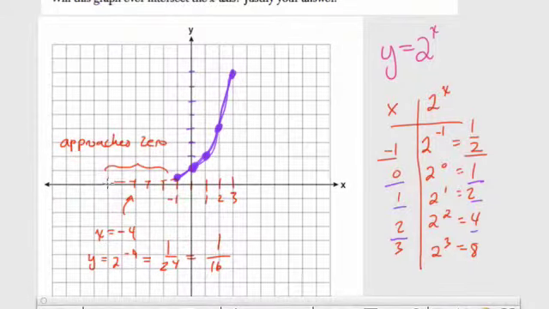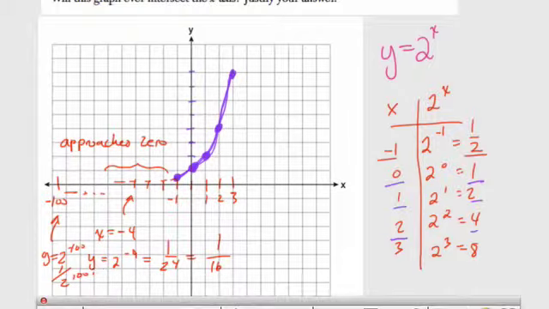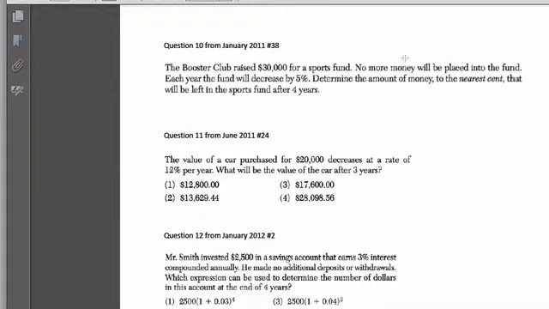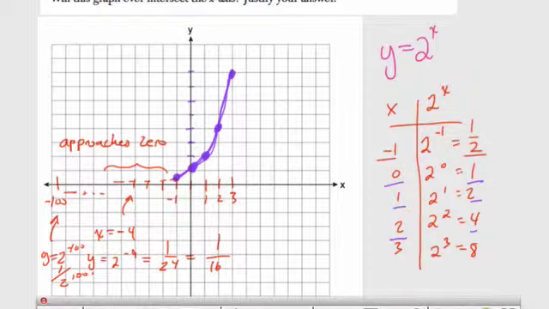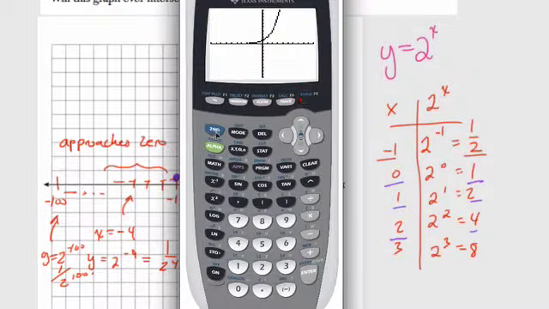But jump ahead further down. Let's say eventually you reach x at -100. Well, when x equals -100, you get y equals 2 to the -100, and that's 1 over 2 to the 100th, an enormously tiny number, right? And here, I guess, let's see if we can model that in the graphing calculator.